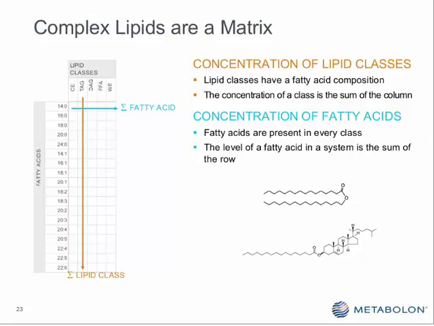When you think about it this way, you can start thinking about what's going on across the lipidome with an individual fatty acid, looking across one of the rows in this matrix, or what's going on within all of the TAGs, looking down the column, or even taking a subgroup of that and looking at what's going on with odd chain fatty acids within this class, or with monounsaturated or polyunsaturated fatty acids. So seeing the lipidome as a whole is more important than seeing any individual species.